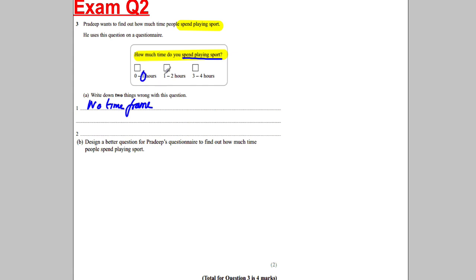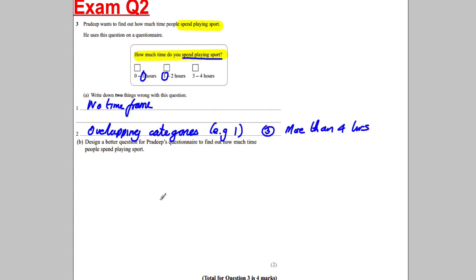You've got overlapping categories, like the one there. So you've got no time frame, you've got overlapping categories, and what about more than 4 hours? That was a third possibility that you could have written, but you only needed 2.